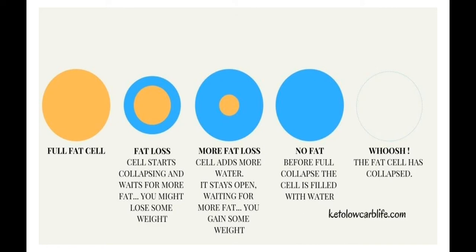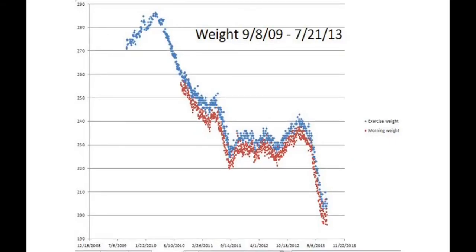We are burning fat for sure, but fat cells are getting even larger in volume, and they are getting water inside. Then eventually there is no fat inside, and then boom, the cell collapses, and then we have a sharp drop of weight because we expel water.